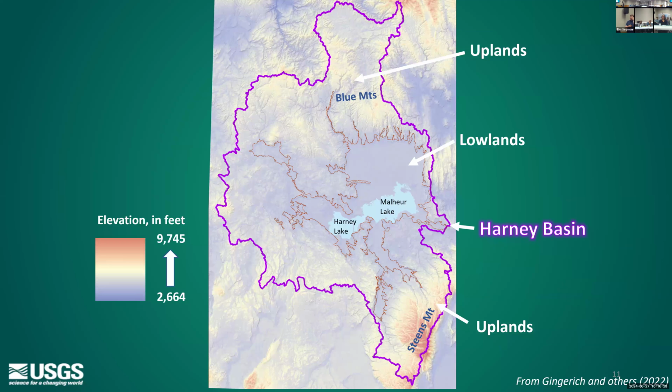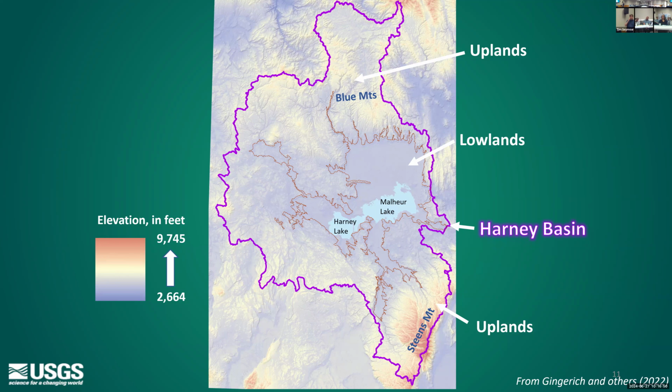So here's a picture of the basin, kind of showing the elevations that we're dealing with. So we have elevations as high as almost 10,000 feet at the top of Steens Mountain. And our model grid covers an area that goes down to the Malheur River at about 2,600 feet.